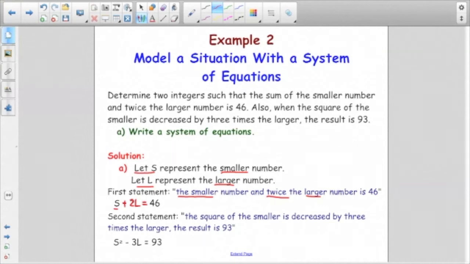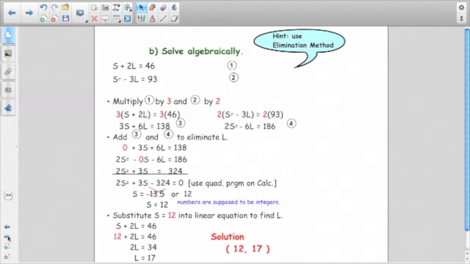Okay, in our second statement, the square of the smaller, so that's S squared, is decreased, so that means minus, by 3 times the larger result, which means equals 93. So there are my two systems. Now it's time to solve it.